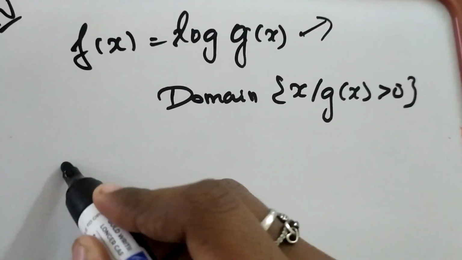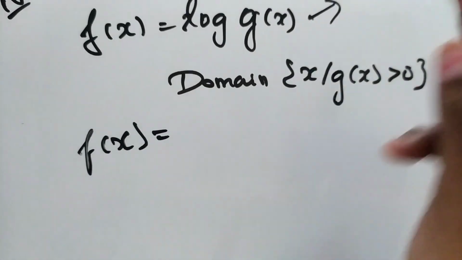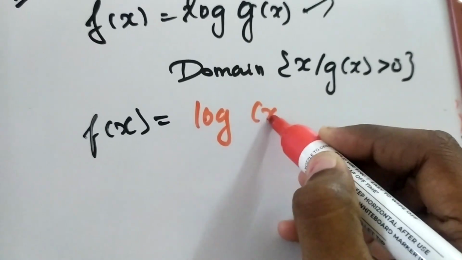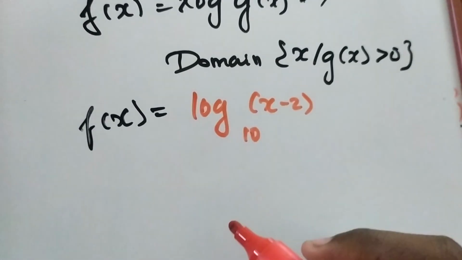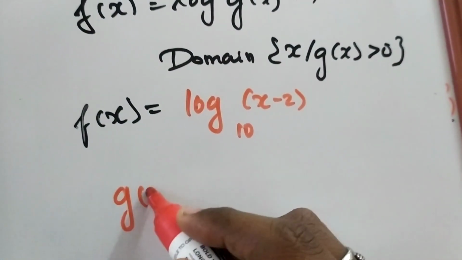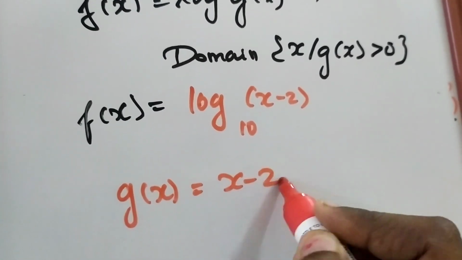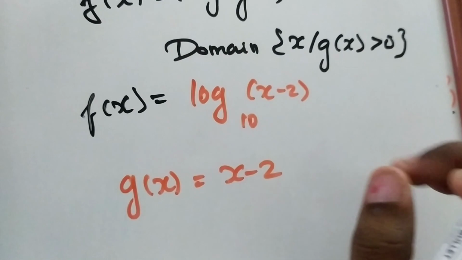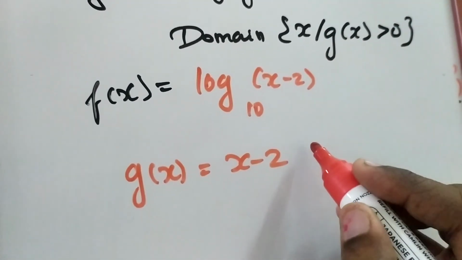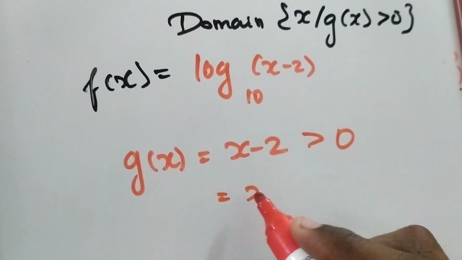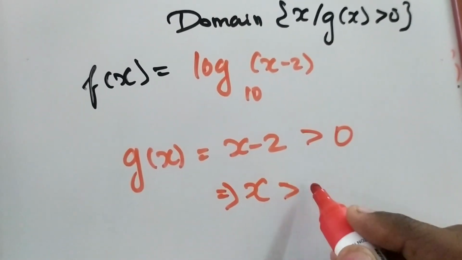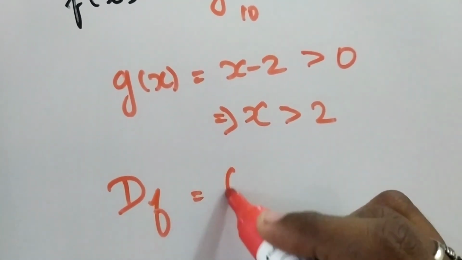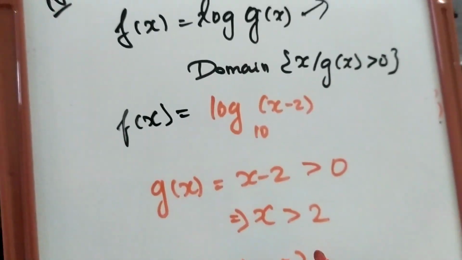So listen, suppose you are considering f of x as log of x minus 2 base 10. Here the g of x value is x minus 2. The condition is g of x should be greater than 0, which gives x is greater than 2. Understood? So the domain of the function will be 2 comma infinity.